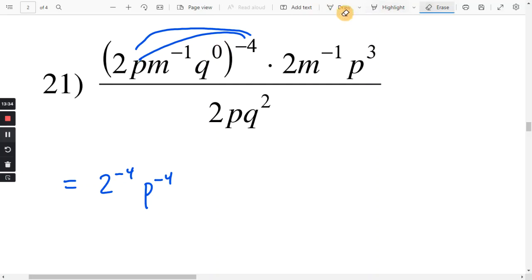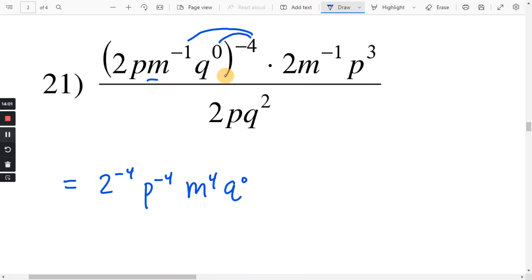All right, let's see. m to the power of negative 1 times negative 4. Negative 1 times negative 4 is positive 4. And q to the 0 is just 1. Okay, I'll tell you what, we'll distribute it anyway. q to the 0 times negative 4, it's still going to be q to the 0, because 0 times negative 4 is just 0.